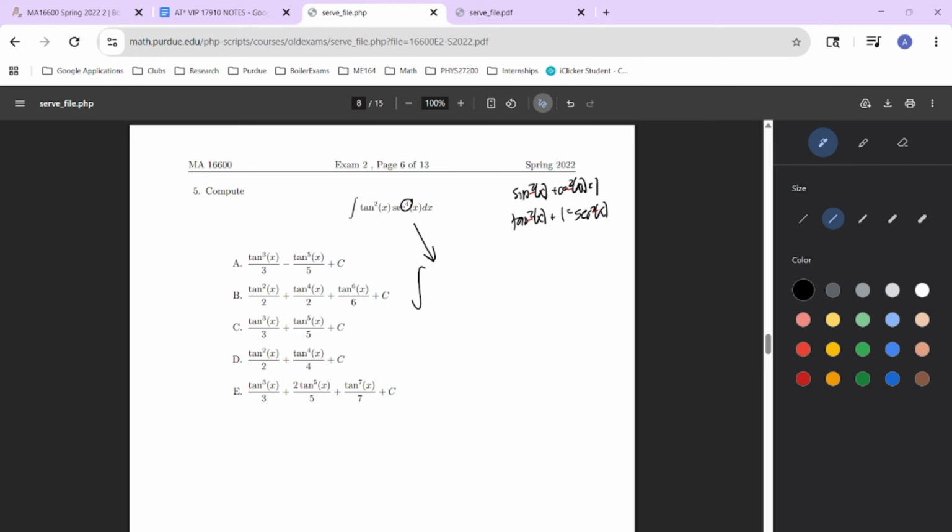Let us do that. Right off the bat, we can say, okay, I split this up into tan squared of x multiplied by secant squared of x multiplied by secant squared of x dx. But let's be careful here. We will need to use this trigonometric identity or a variation of it to solve this integral. But we only want to apply that to one of these two secant squared of x's.